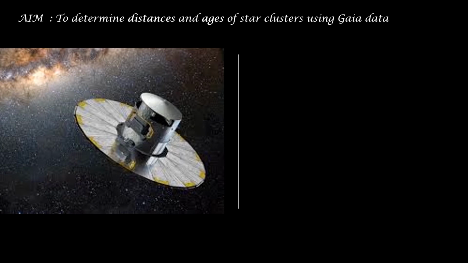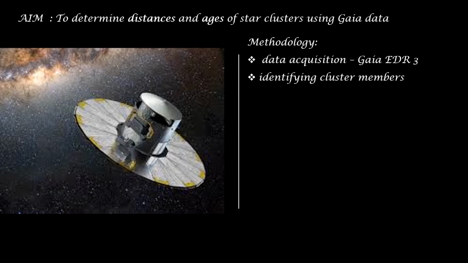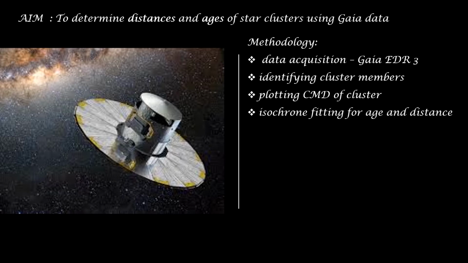The main aim of the project was to determine distances and ages of various star clusters using Gaia data. Broadly, the methodology used was to first acquire the data, then identify the cluster members from the data, plot color magnitude diagrams for the cluster, and fit isochrones of different ages to the data to get the best fit and hence obtain the age and distance of the cluster.